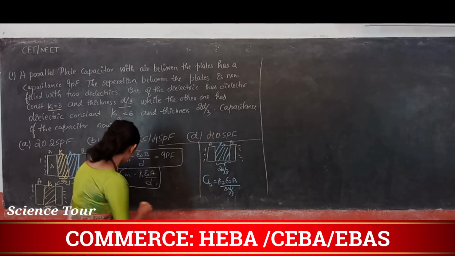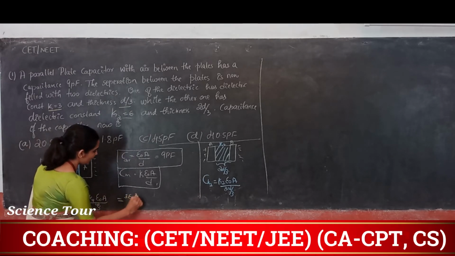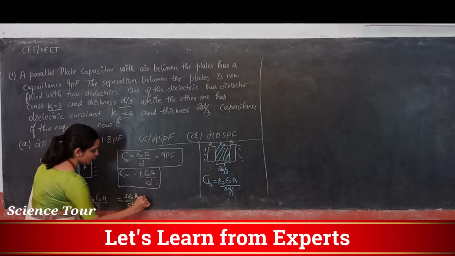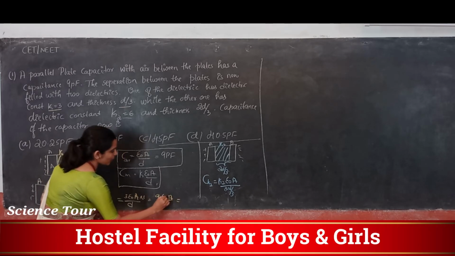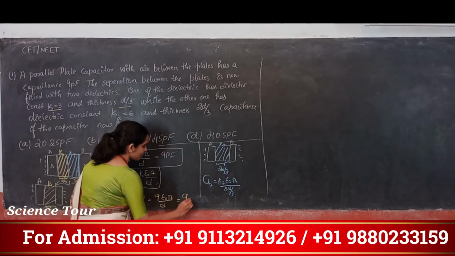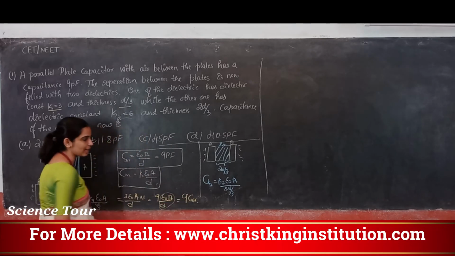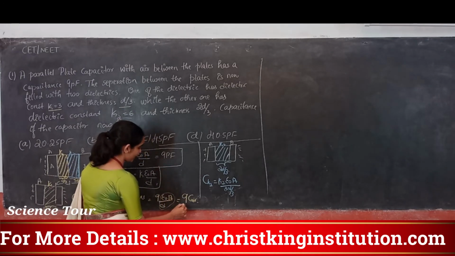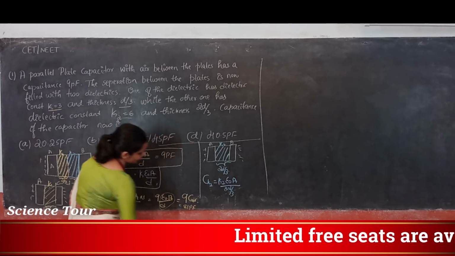Now we will find this out. What will be the value substitution? What is K1? 3, and epsilon naught into A divided by D by 3, which can be written as 9 epsilon naught A divided by D. Epsilon naught A divided by D is the C value, so you can write C air. This value is nothing but 9 C air, or you can multiply it: 9 into 9 picofarad, that is 81 picofarad.